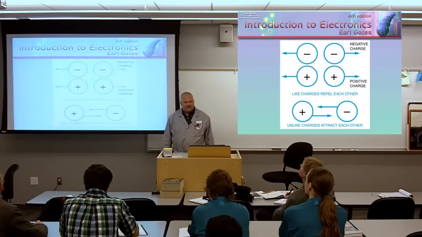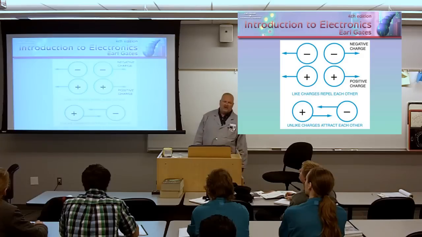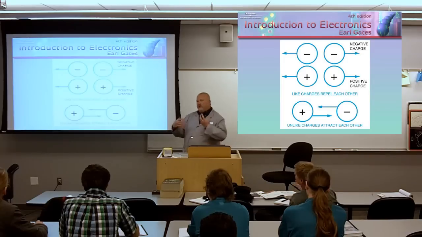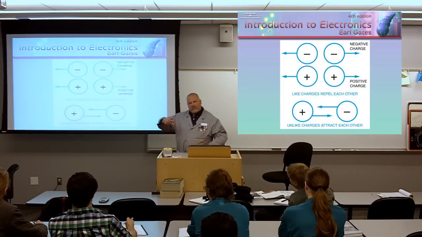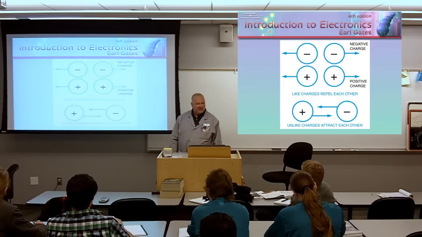There's our first law of electrostatic charges: negative and a negative repel, positive and a positive repel, negative and a positive attract. Because remember, in the beginning, everything was in a neutral natural state anyway, right? So originally, everything was harmonious, balanced. When we apply energy to matter, we knock an electron off that valence shell.